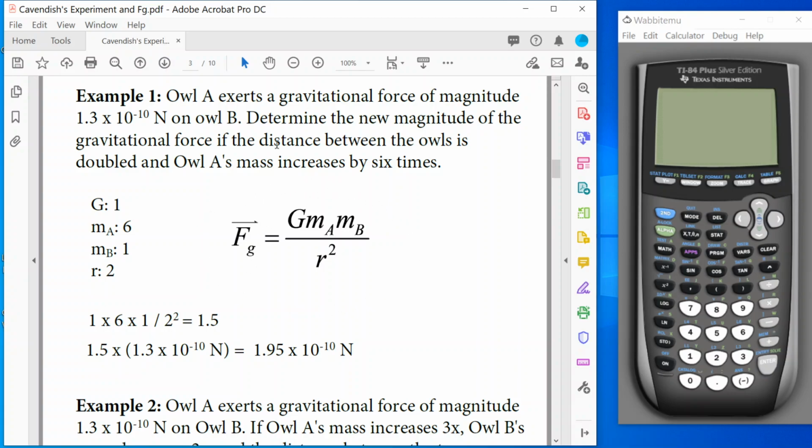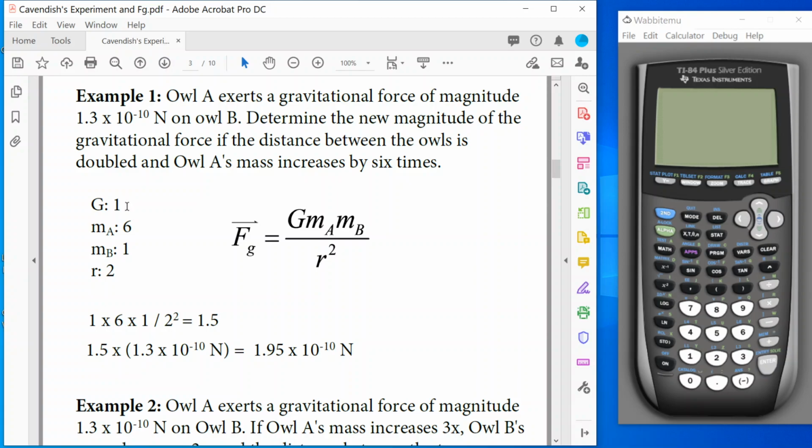So here, because it's talking about the gravitational force exerted by owl A on owl B, we want our formula from the previous slide. And this formula has 4 variables in it: G, MA, MB, and R. What we're going to do is we're going to list how each of those variables changes.